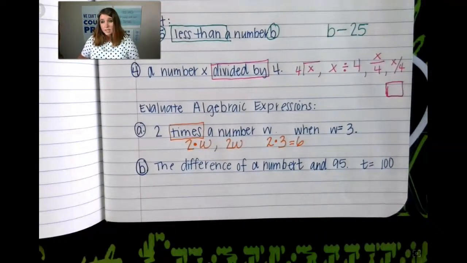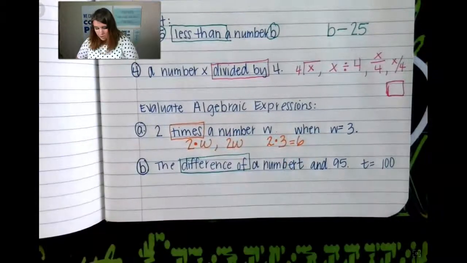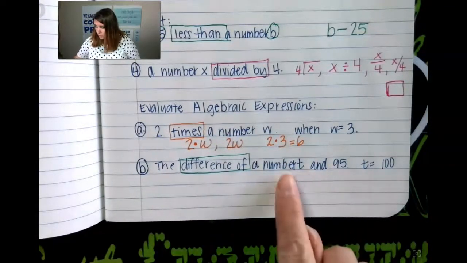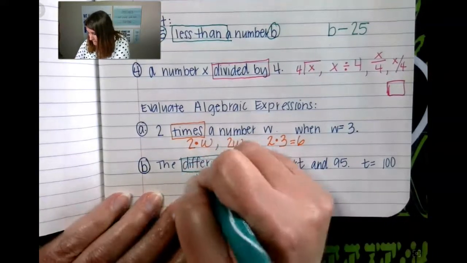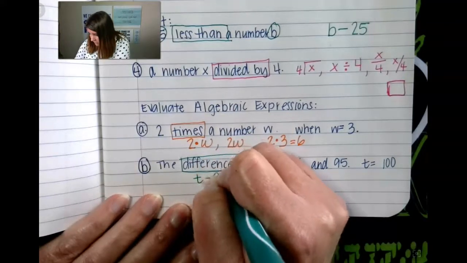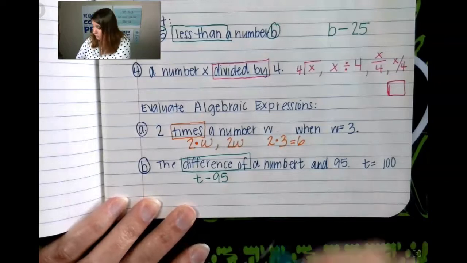Okay, so the difference of a number T and 95. So we just have to take the difference of T and 95. Well, we know difference is subtraction. Difference of. So we're going to go 100. Well, first, no, we're not. We're going to take this and we're going to say T minus 95. Now we're ready to substitute.